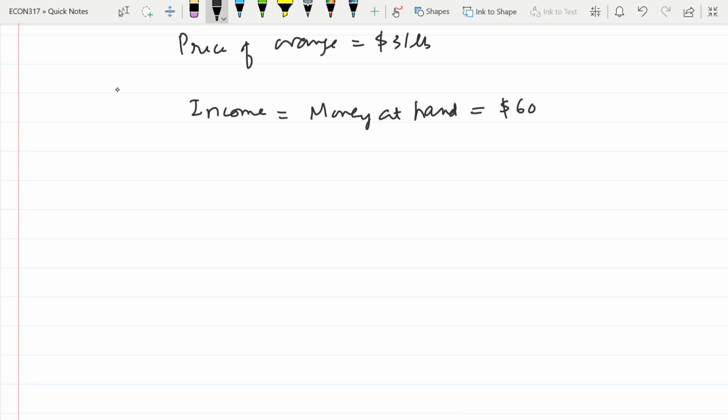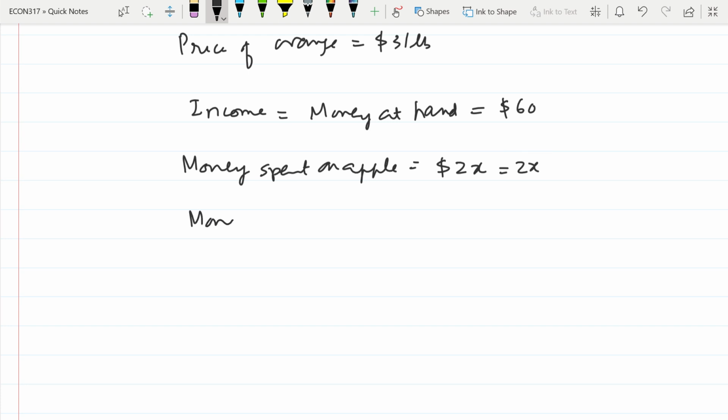So first point to note, we will look at an algebraic equation to describe the budget set. So let's ask, if we buy X pounds of apple, then money spent on apple turns out to be $2 per unit is the price, and then X pounds of apple, so I will write it 2X.